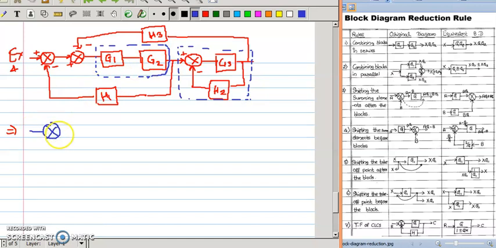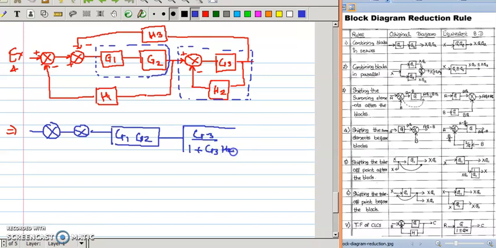So this is the first mixer, this is the second mixer. Can we use these two blocks as in series, so it becomes G1 into G2, right? And here can we use the block elimination rule, that is G3 upon 1 plus G3 H2. Again, see what is remaining as it is.